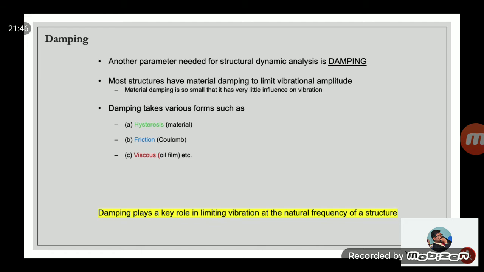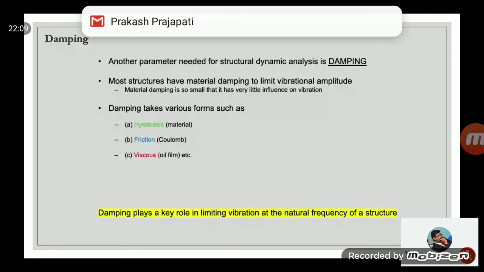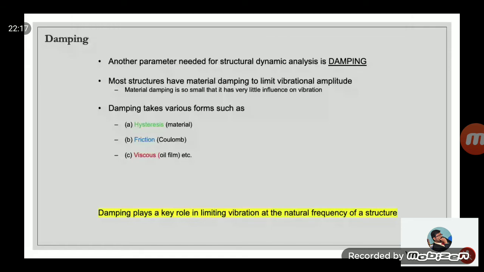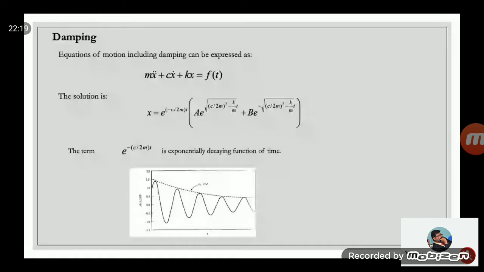At the natural frequency, that's where it plays a key role in reducing vibration. At the peak, the amplitude can go up to any level, but if we have a good amount of damping in the system, that peak will come down to a relatively low level that is acceptable for you to run the machine. So that's why damping is very important.